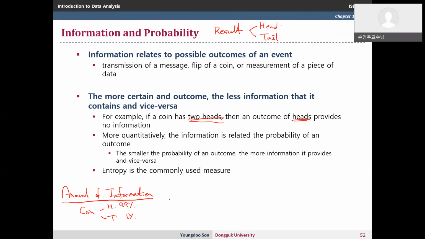So the amount of information should be inversely related to the probability of an outcome.